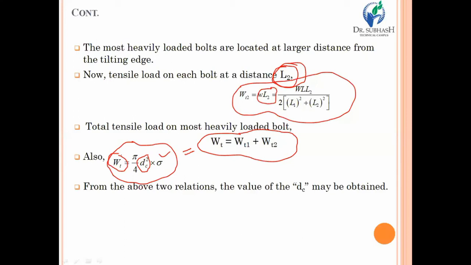This is the way in which you can design a bolt by fixing a core diameter sufficient to resist the external loading and twisting moment. From that dc, or core diameter, you can calculate other geometrical parameters of the threaded portion, like outer or mean diameter, pitch diameter, or even lead.